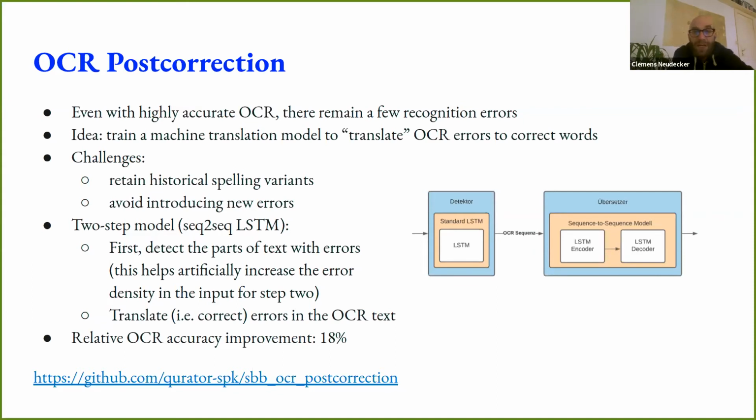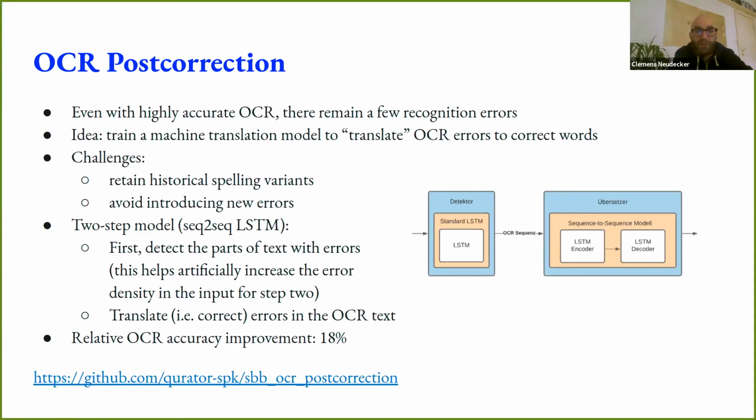Actually, like I've just said, there can still be a few errors remaining, and then there's traditionally the task of OCR post-correction, which often used lexicon-based methods, where you try to check OCR errors against the dictionary, often frequency-based.